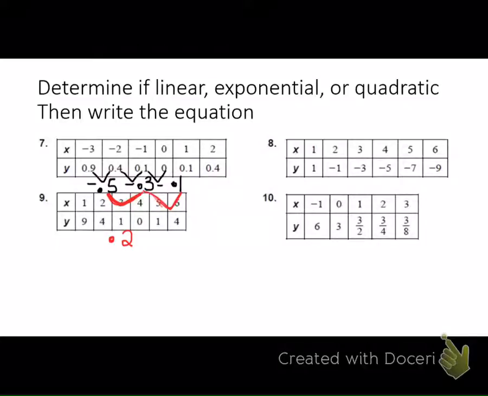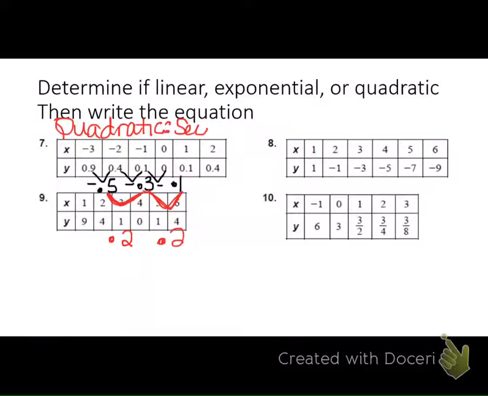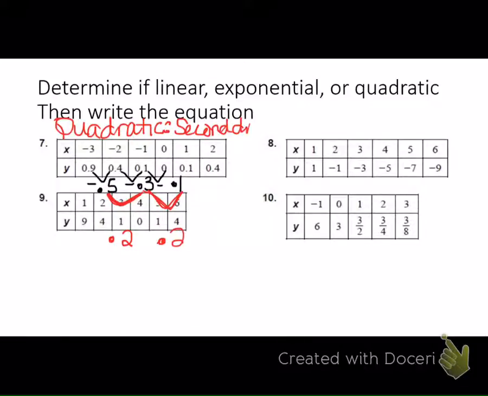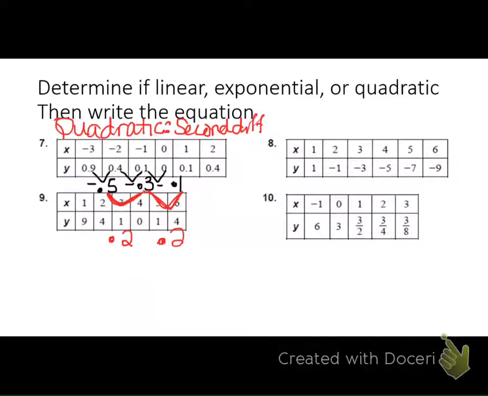What is the difference between negative 0.3 and negative 0.1? 0.2. So now you see that the second difference is the same. Exponential is out. It's quadratic. Because if you notice, it starts going back up again, and the only kind of graph that goes back up is the quadratic. So 0.1 has to be the vertex as well.